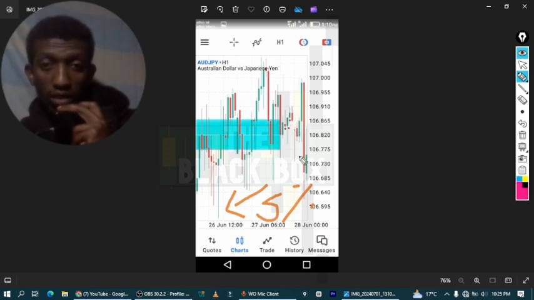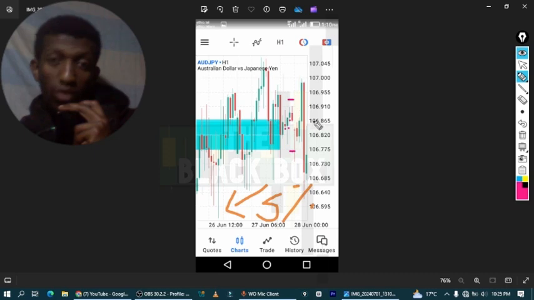Did we break anything? No. What about now? Yes. What does that mean? That's a sale. What does the market do? It immediately retraced, went up from your entry and hit your stop loss.